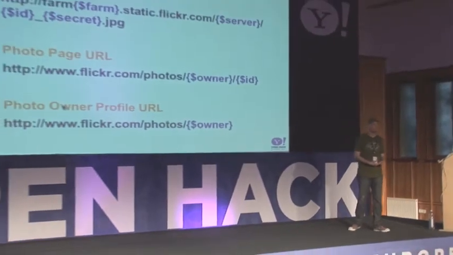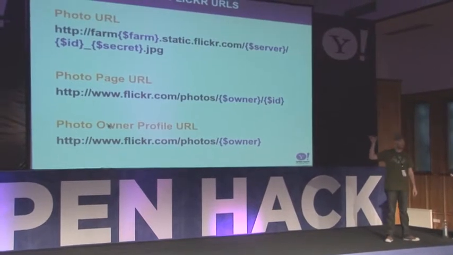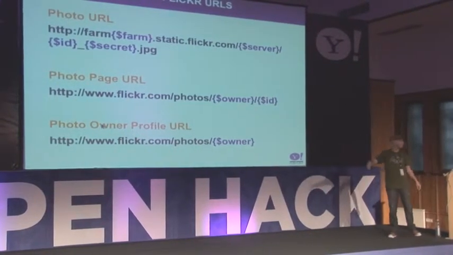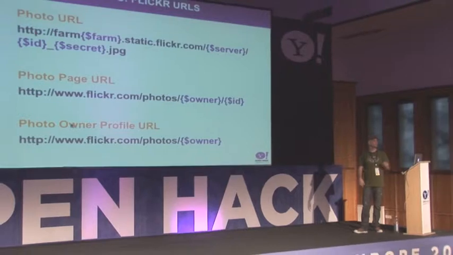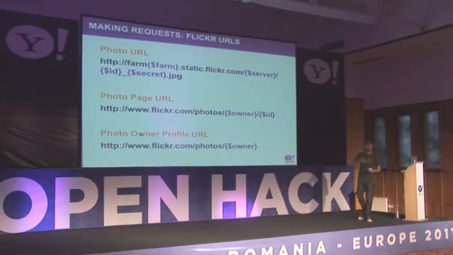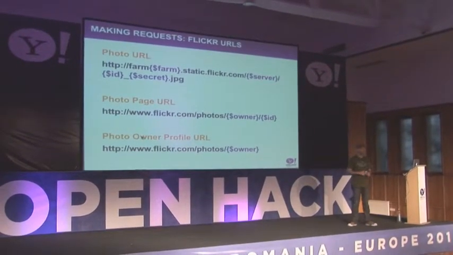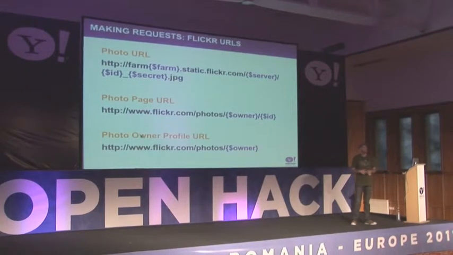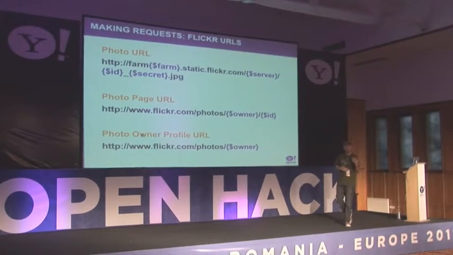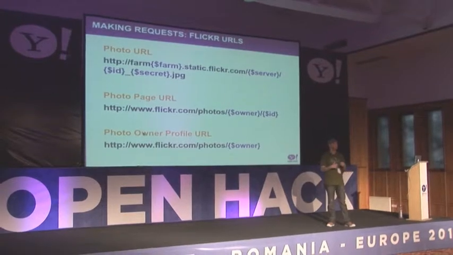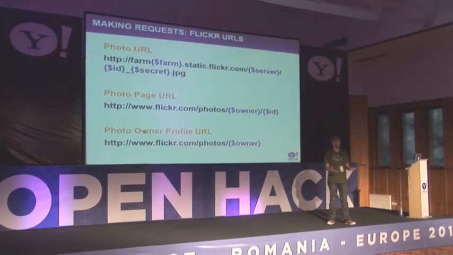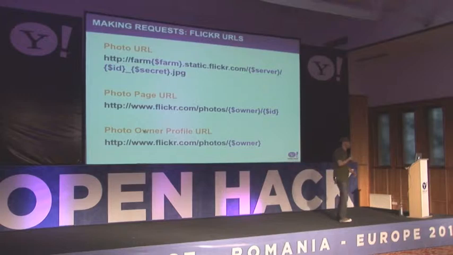So based on the Flickr API, we can build a photo URL by having some static text marked up with some piece of information, like the farm or server, ID, secret, all this to build a photo URL. We have a photo page, so linking off like an image tag with that photo URL to a specific page which would show the full photo, as well as any comments or information.